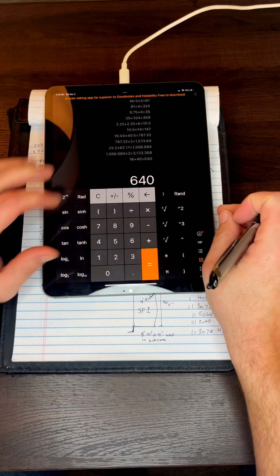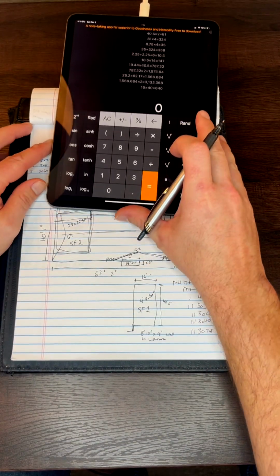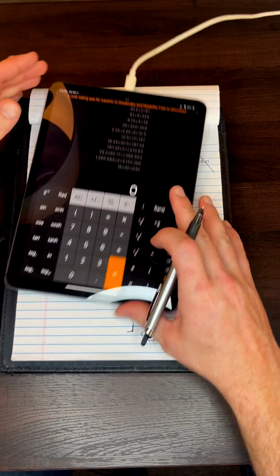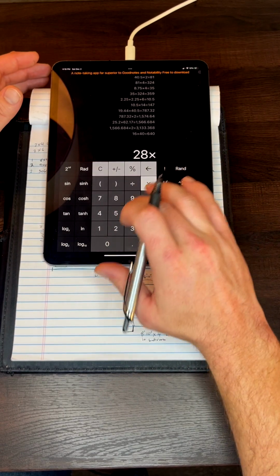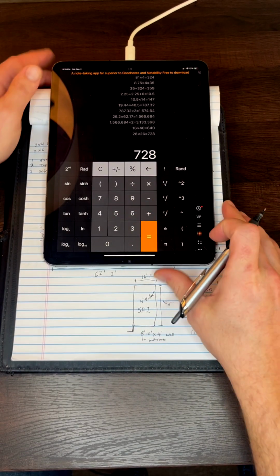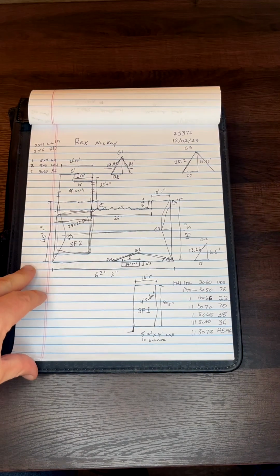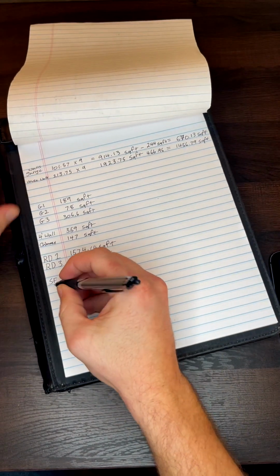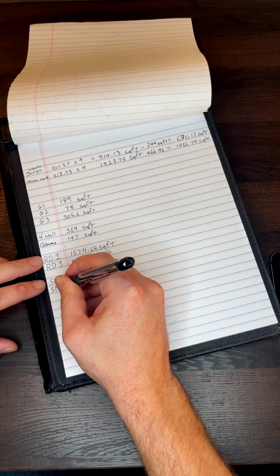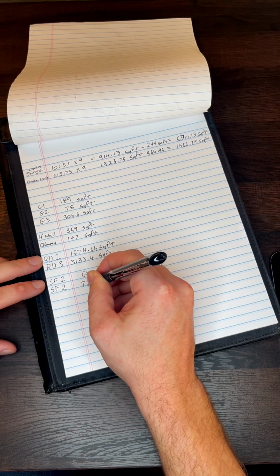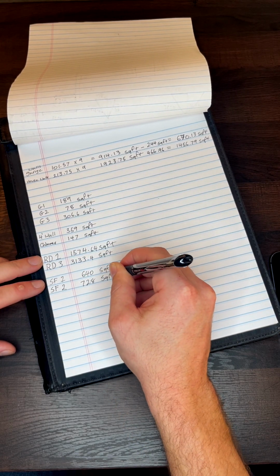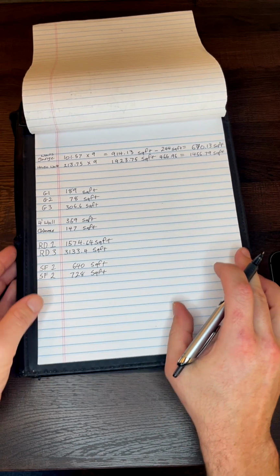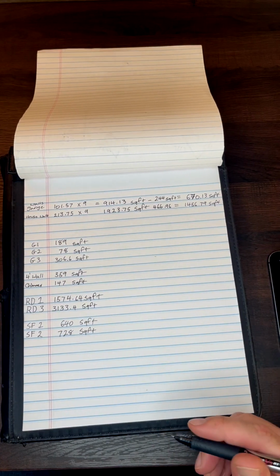And then here, we've got 28 by 26, 728 square feet for subfloor 2. And there it is. There's all my numbers.